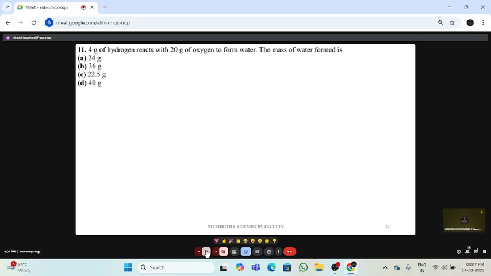So first from this process, write the equation, balance the equation, make the inference from the equation and find the limiting reagent and finally find the mass of water formed. I'll give you a minute. Try solving this, Kanna.